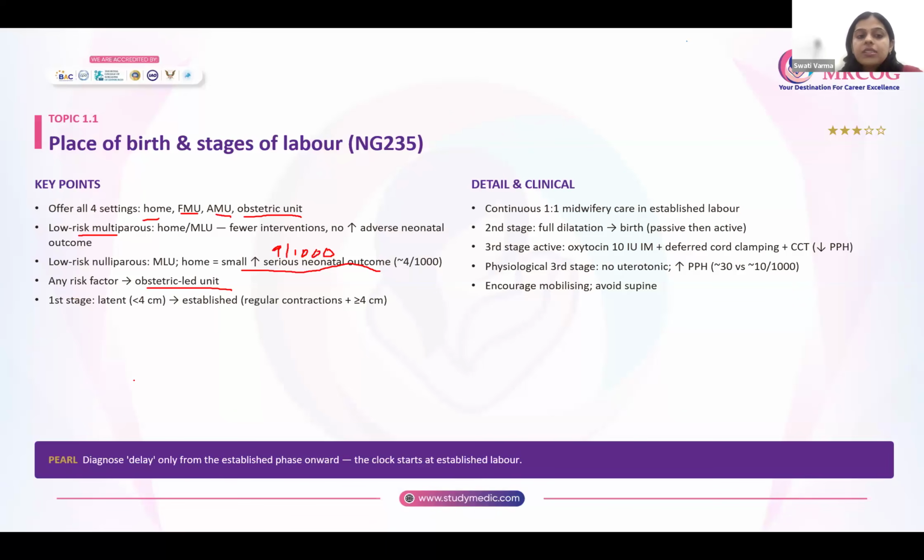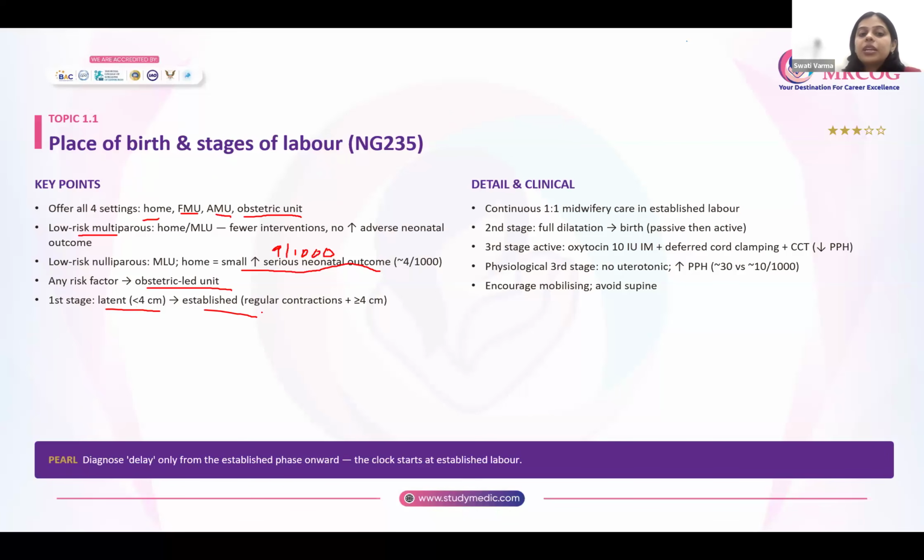Now, regarding the stages, labor is divided into first, second, and third stage mainly. The first stage is again divided into latent phase and established phase. Latent phase is whenever the contractions are not very regular, and on per vaginal examination the findings reveal less than 4 centimeter cervical dilatation and there are not many changes.